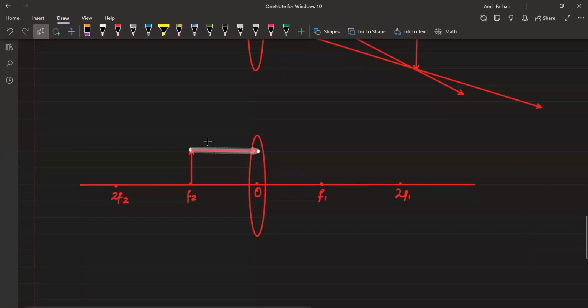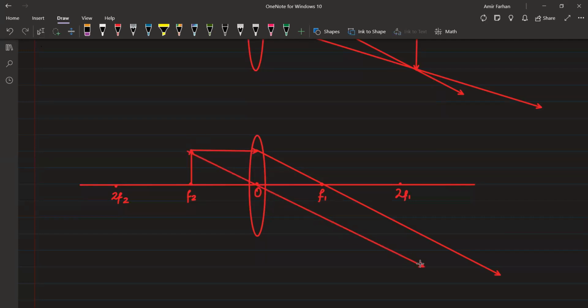And the refracted ray will pass through the focus. Yes or no, everyone? Yes, sir. And the second ray will pass through the optical center.